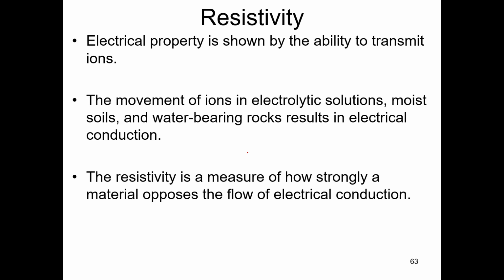Okay, electric property is shown by the ability to transmit ions. These ions are important because they carry the charge, by the movement of ions in electrolyte solution, moist soil, and water-bearing rock, resulting in electric conduction. Resistivity measures how strongly a material opposes the flow of electric conduction.